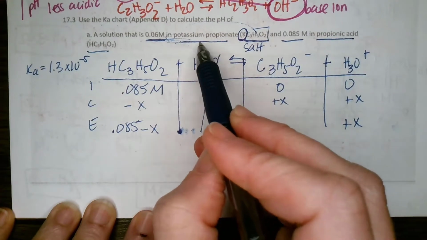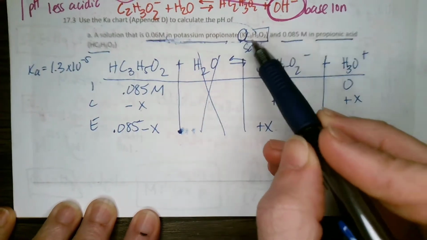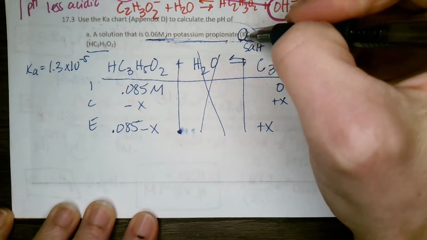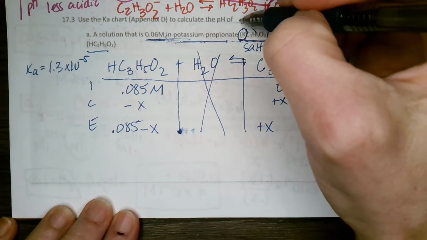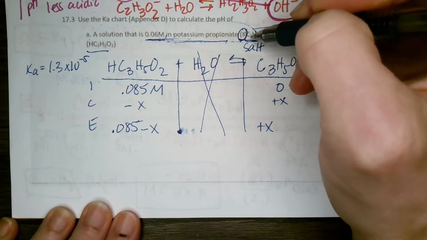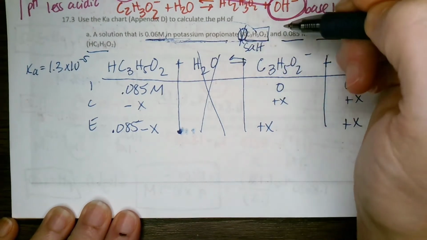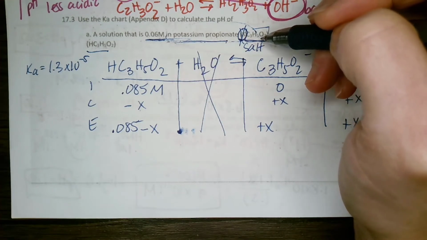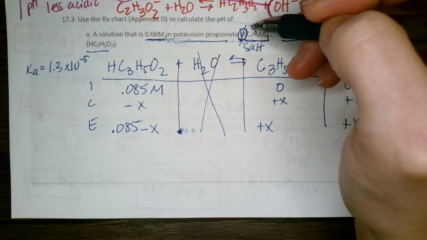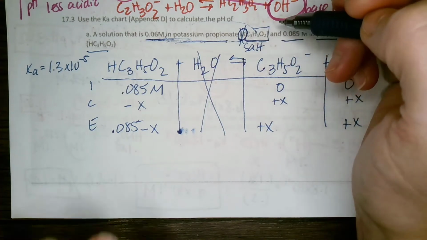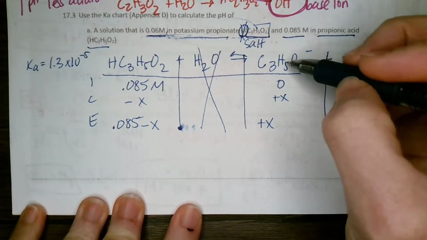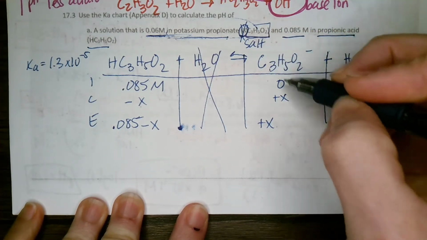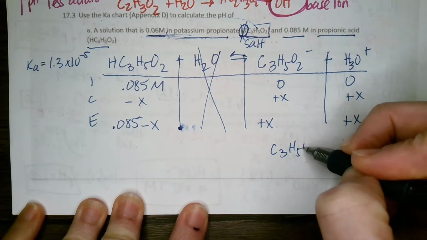Now we see that we add this salt. We've got this 0.06 molar potassium propionate. Now this salt is a strong electrolyte. And so we know that the parent of potassium, so that would be KOH, is strong. It's not going to have any effect. But then we have the anion of the salt, the C3H5O2 minus.